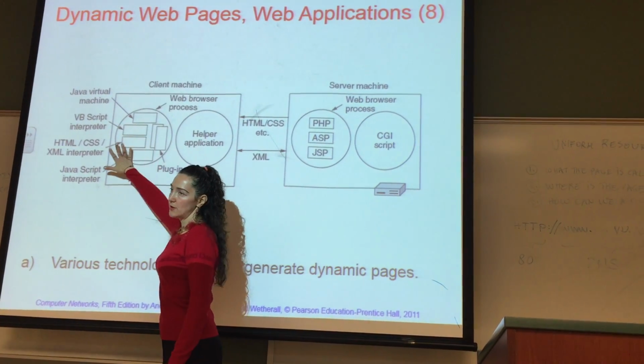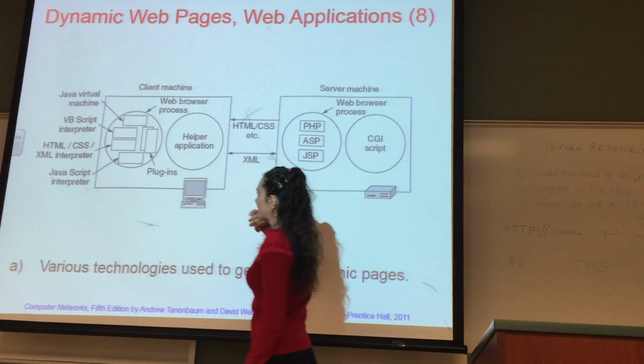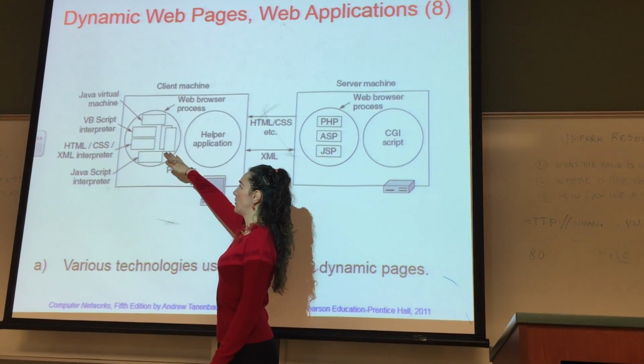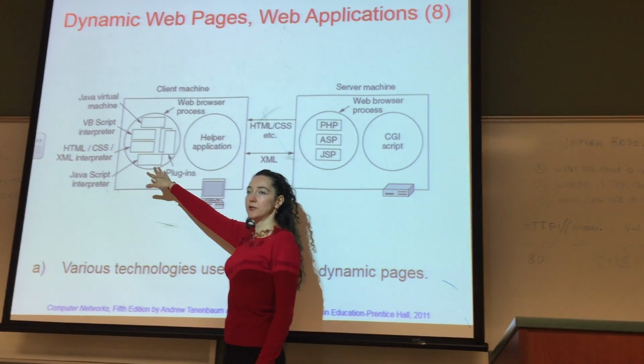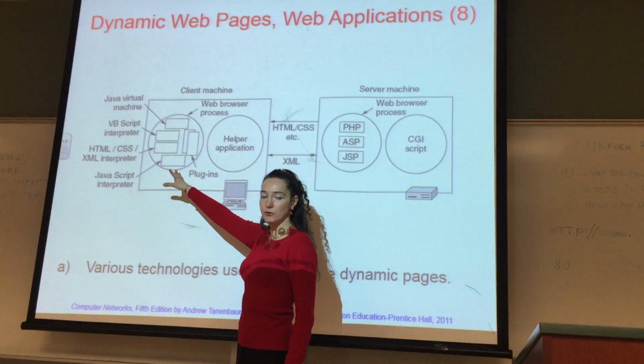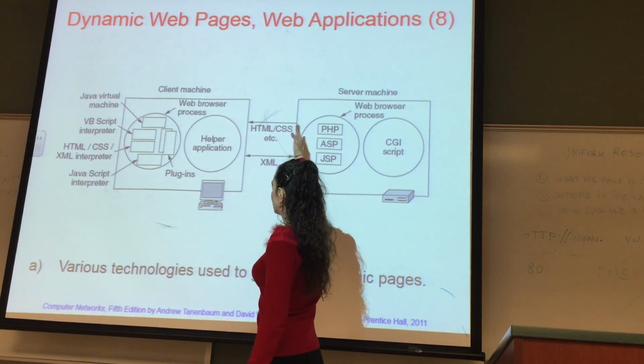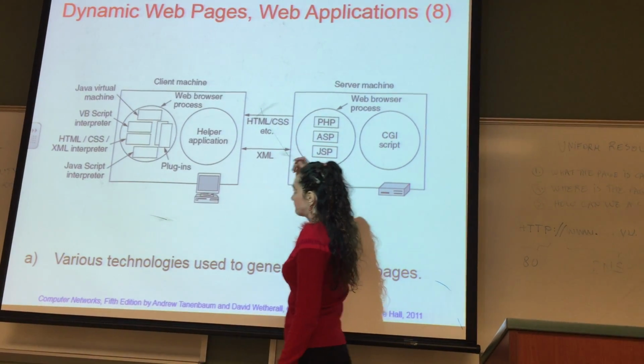These are all languages that run on the client side. So for example, they might create certain styles, or they might create forms, obtain information that clients filled out in the forms, such as their name, their credit card, or something like that, and send it off to the server.